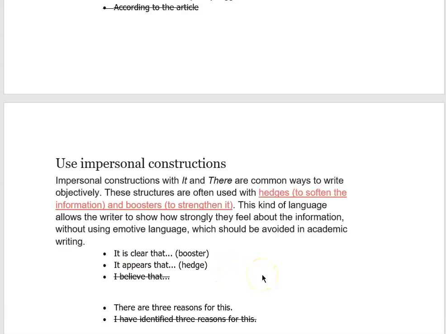People do. Impersonal contractions. Okay, I put this on there so that you would know that it and there are vague. Try to stay away from those 2 words. Also, I want you to stay away from I believe that, because anytime you use I believe, it shows me right away that you're not really confident or sure of what information you're giving me.